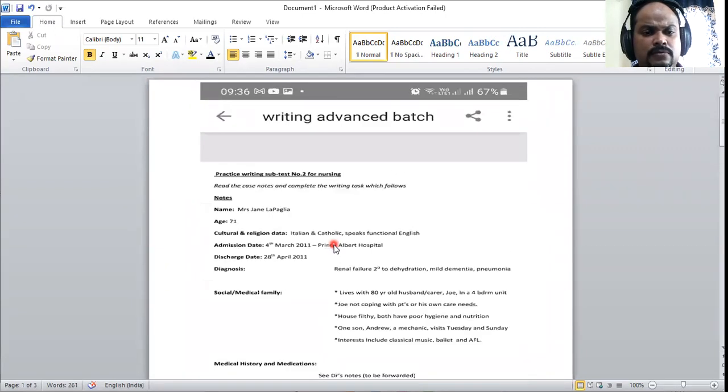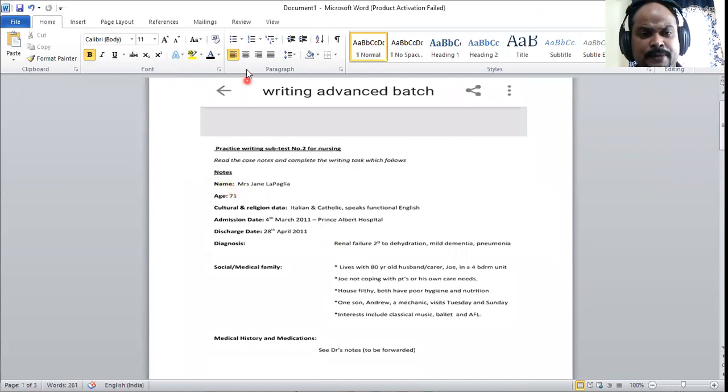Now, the patient name is very important: Mrs. Jane Lapaglia, aged 71 years. I don't need that she is from an Italian Catholic background and speaks only functional English.